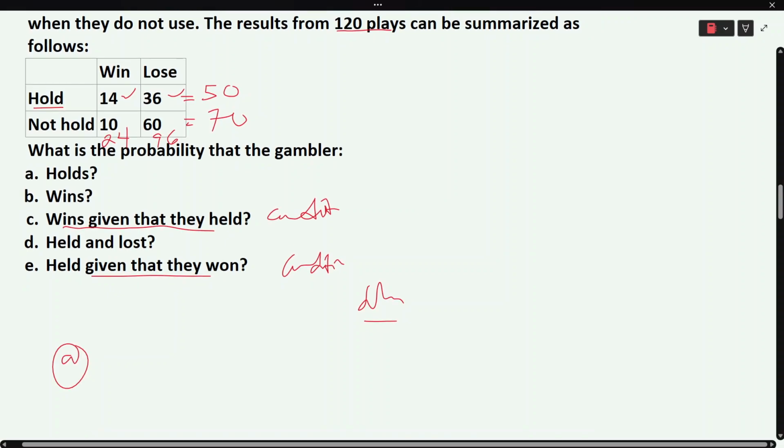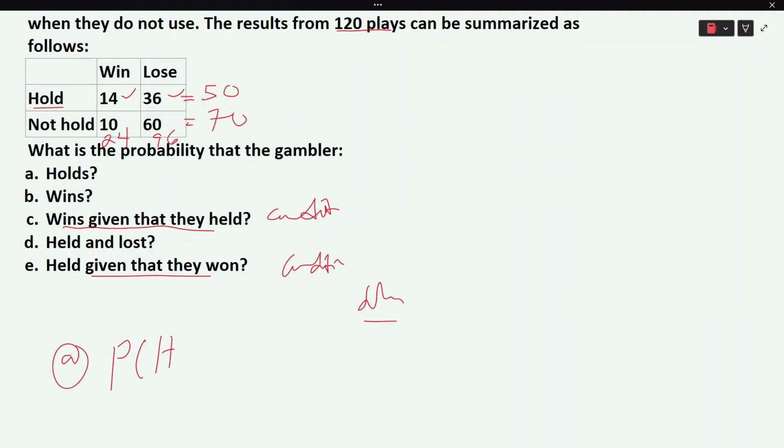What is the probability that the gambler holds? You have to find the probability that the gambler holds. We can either hold and win, or hold and lose.